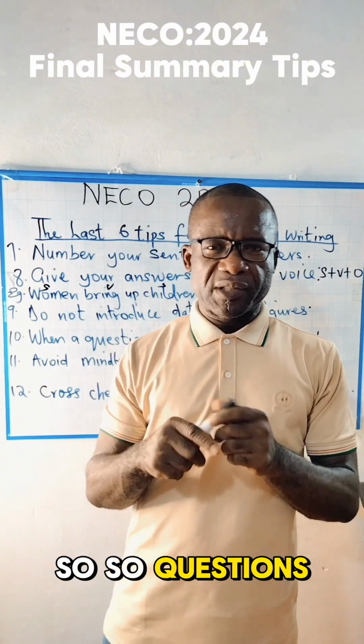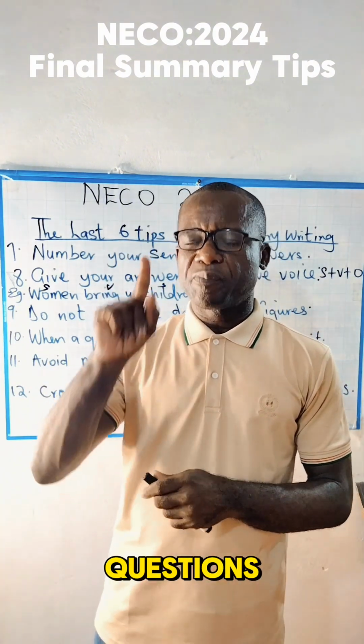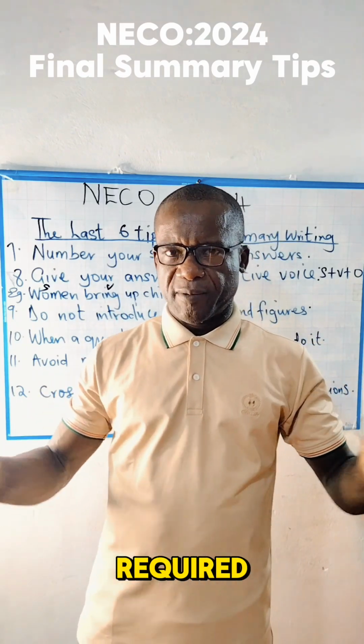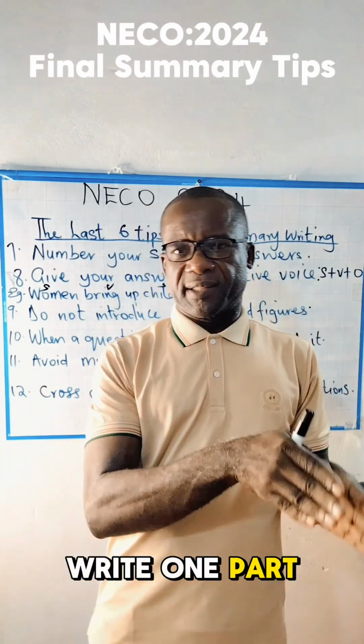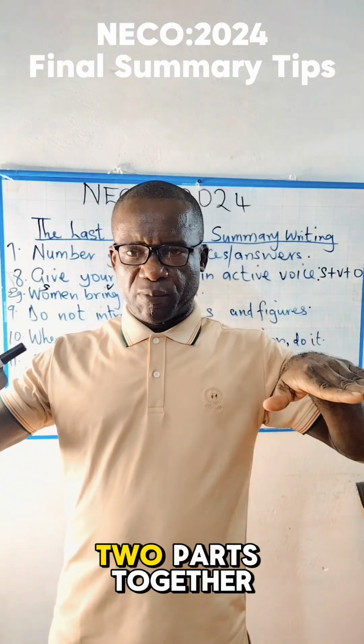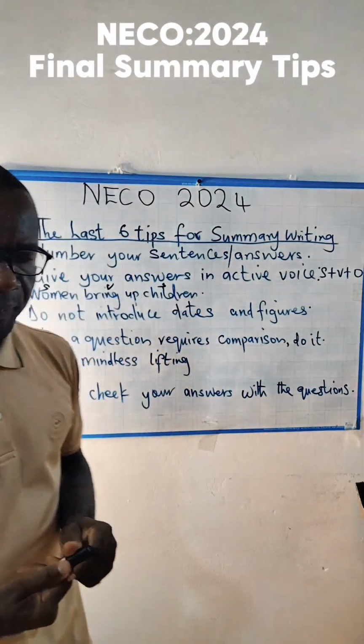Some questions can be that technical. Where you see such questions, do not fail to compare as required. Do not write one part and leave the other part. You have to answer the two parts together. So this is very, very important.